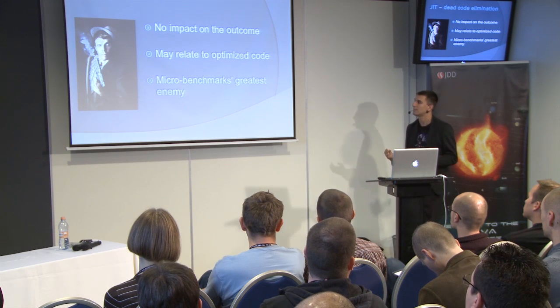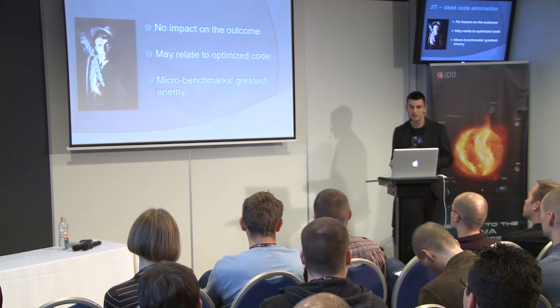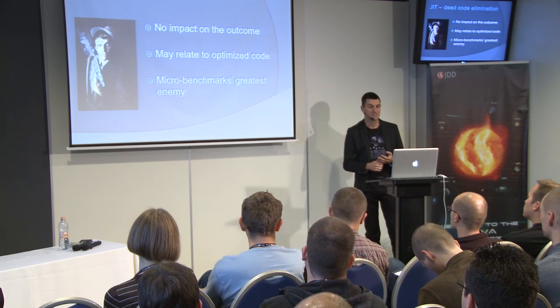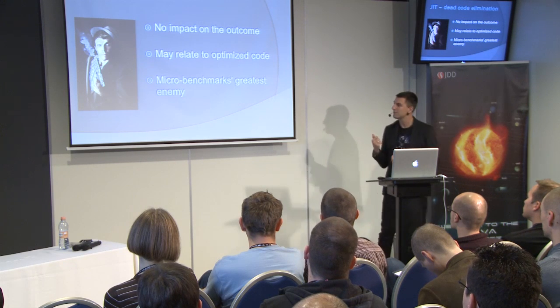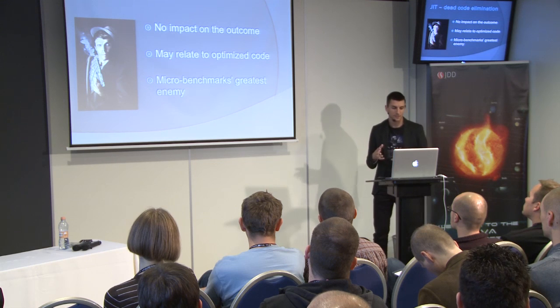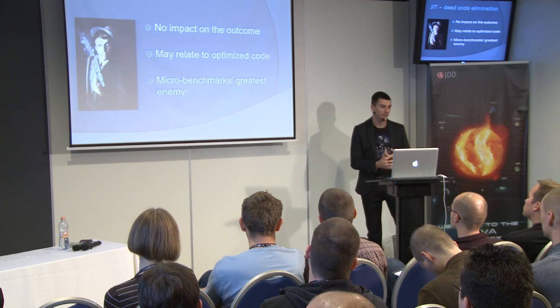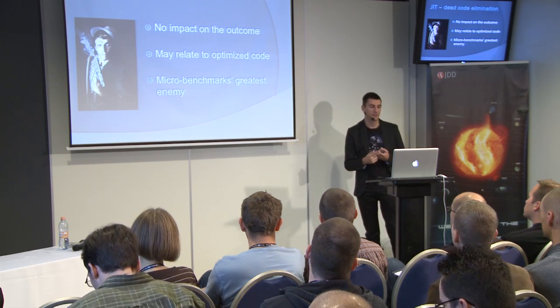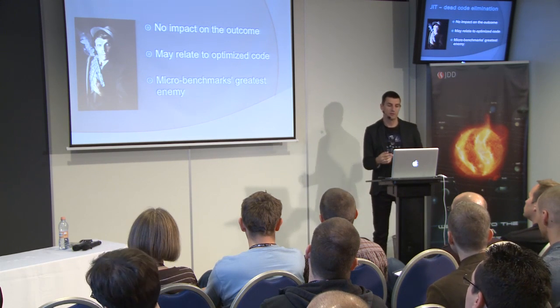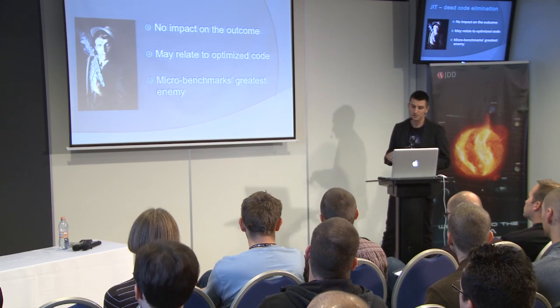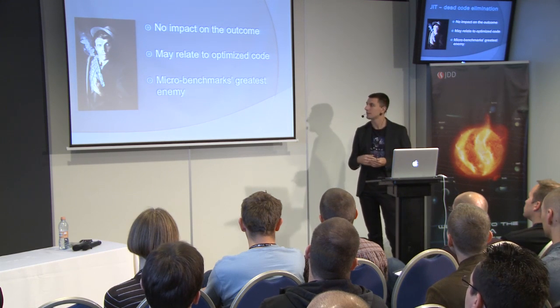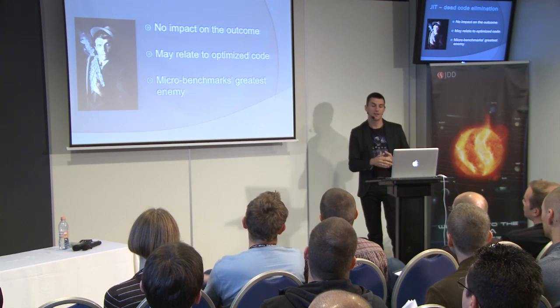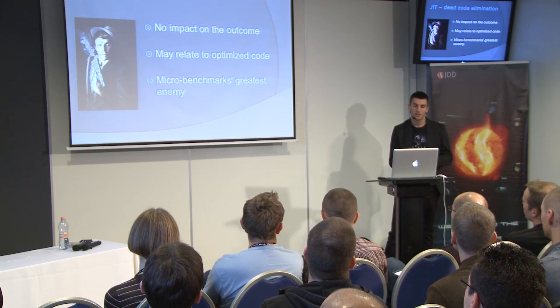Not because developers are intentionally writing dead code, but because the compiler discovers some dead code due to inlining, and it can replace, for example, variables with constants, because it can see that this variable is in fact constant.